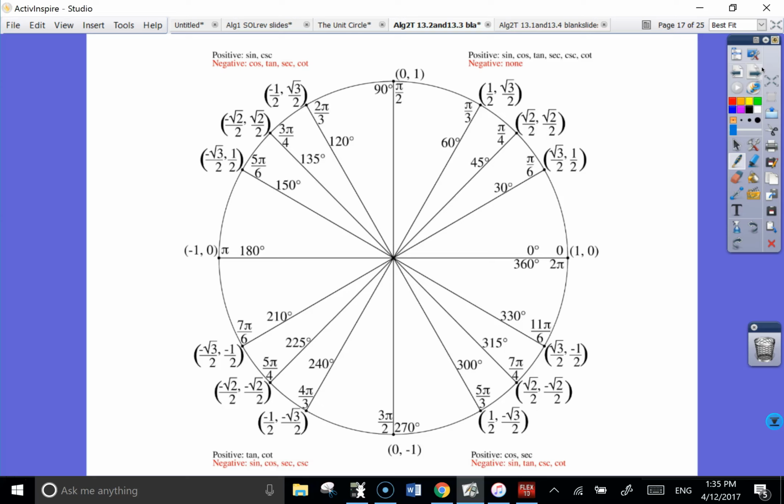So tangent is actually positive in this quadrant, and cotangent also, right? If you go into the fourth quadrant, now the x is positive, but the y is negative. So cosine, positive, secant, positive, sine, negative, cosecant, negative. Tangent, because it's y over x, if just one of those is negative, then it's got to be negative.